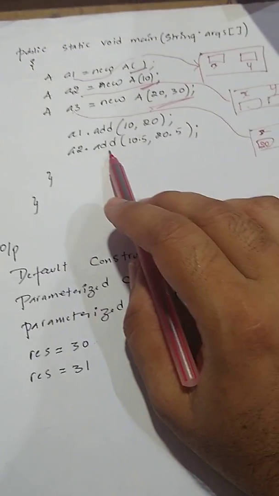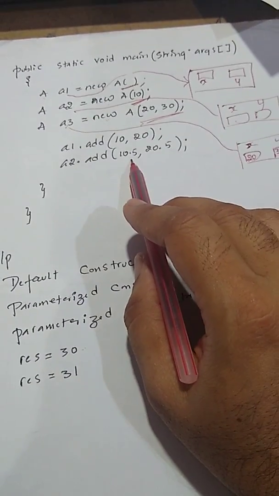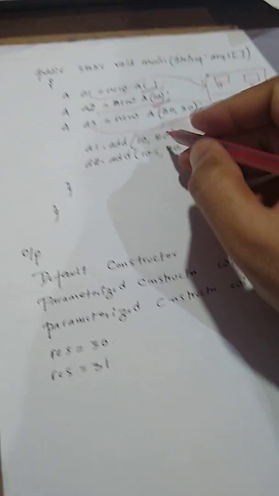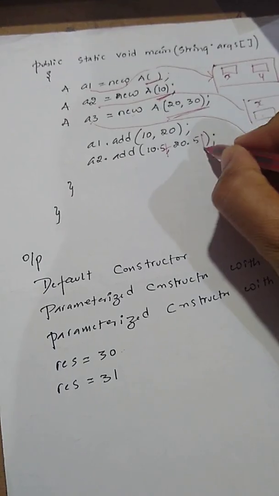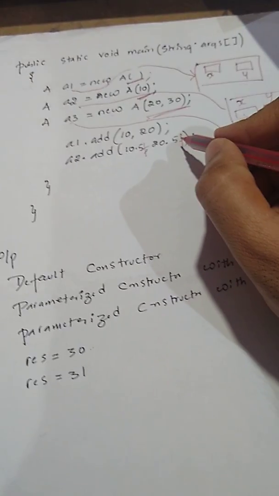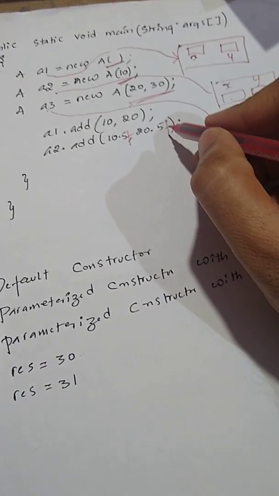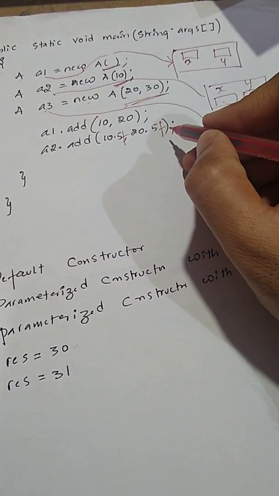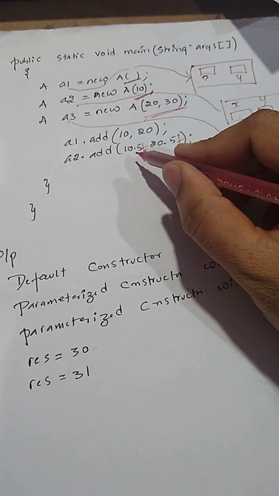Again, with respect to A2, I am calling add one more time. Now I am passing 10.5 and 20.5. So better specify f. If you don't specify f, it will take this as double, not float. Therefore, just specify f, which means we are passing two floating point values.